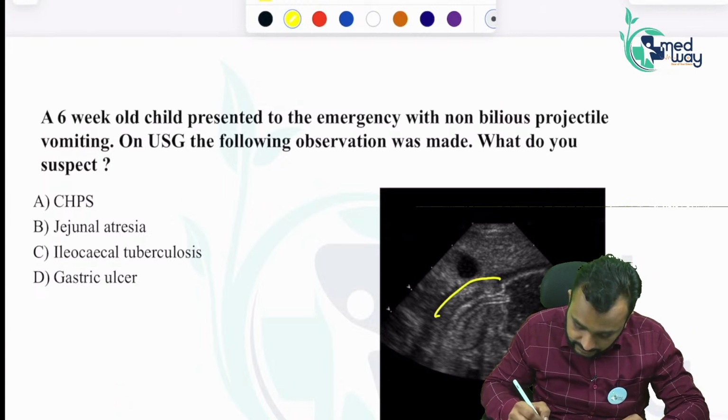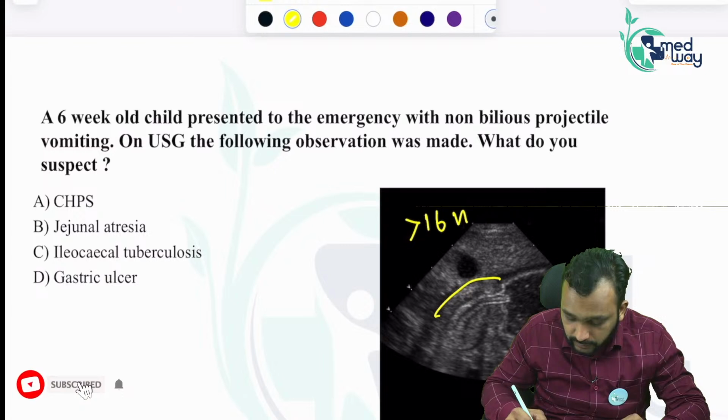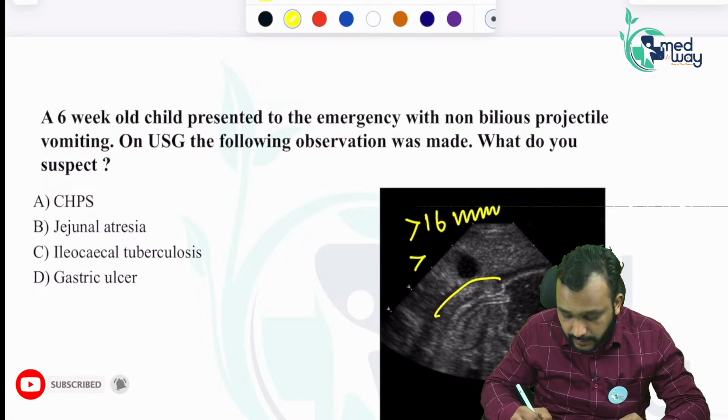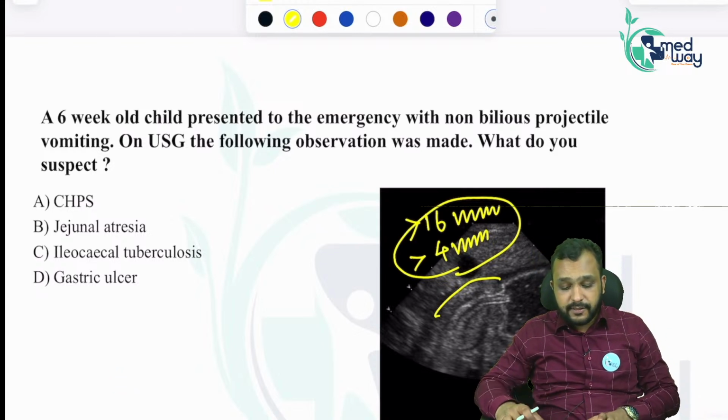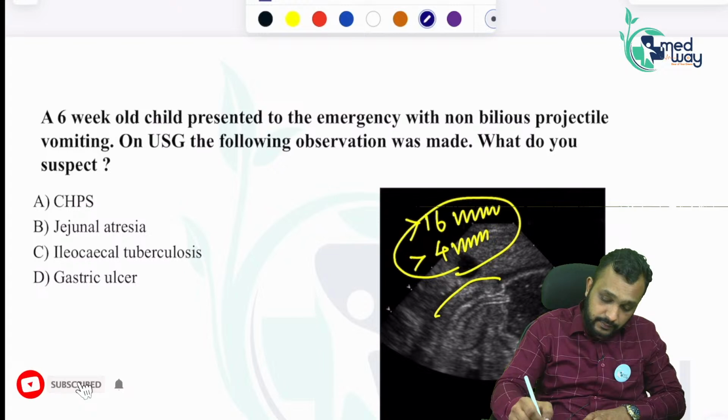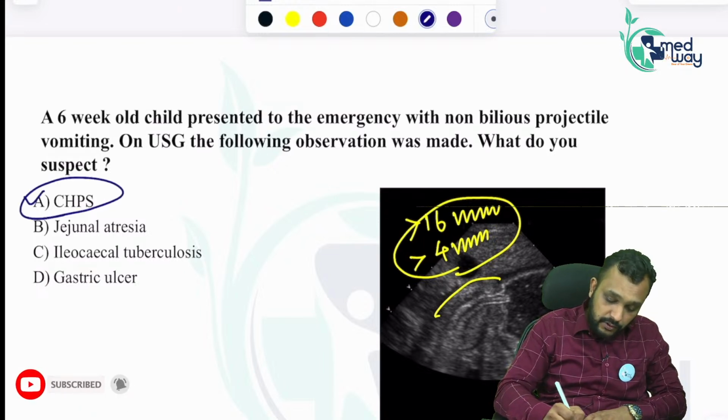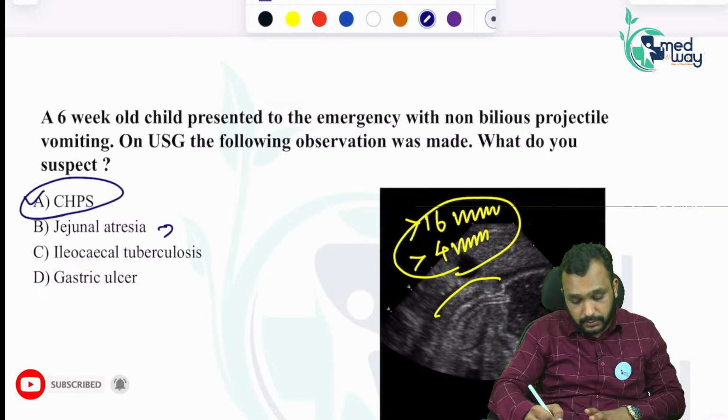This thickening is extending for a length of more than 16 mm and the thickness is more than 4 mm. So this is the characteristic feature seen in patients with congenital hypertrophic pyloric stenosis.